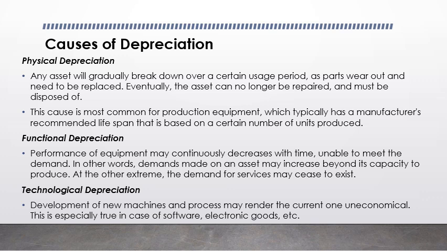If I have a very old punching machine, the tolerance limits which it meets may not be satisfactory to the customer, then I may have to replace that punching machine. So when that is the case, the value of that particular asset gets reduced, and due to technology also, the assets go on losing their values.